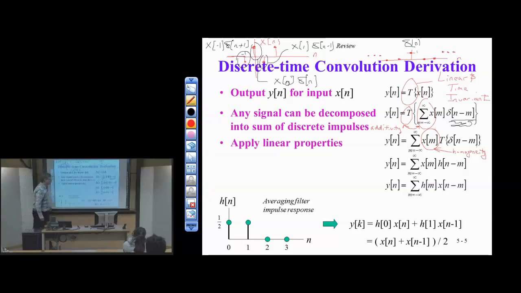And what I'm left with is the output of the system for an input that's a shifted discrete time impulse. That shifted, so what is that? Well, from time invariance, we know it's whatever the response is to the impulse delayed by m. Okay? And that is the definition.